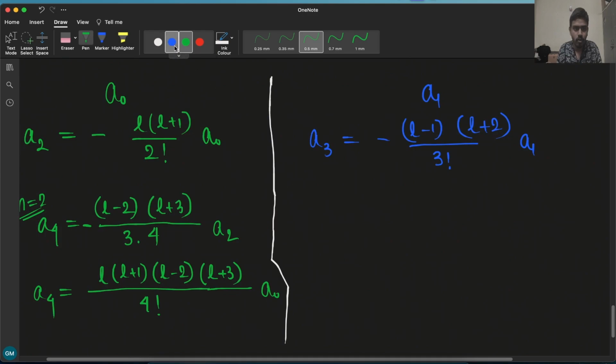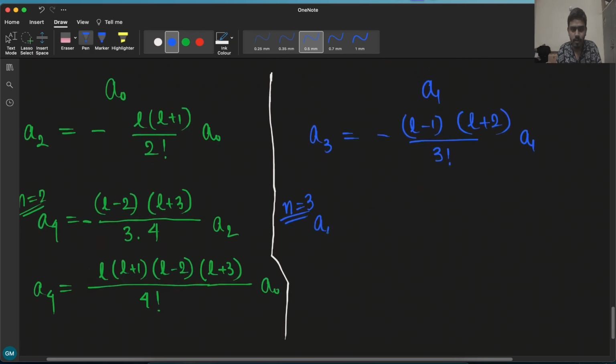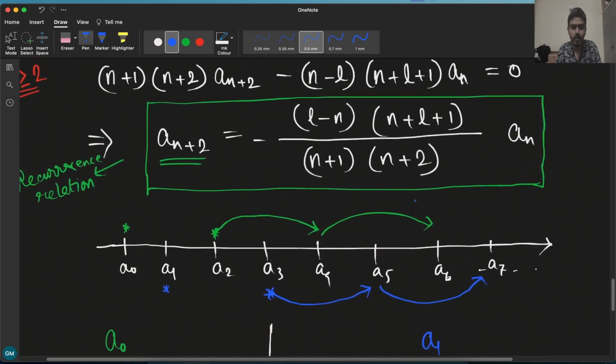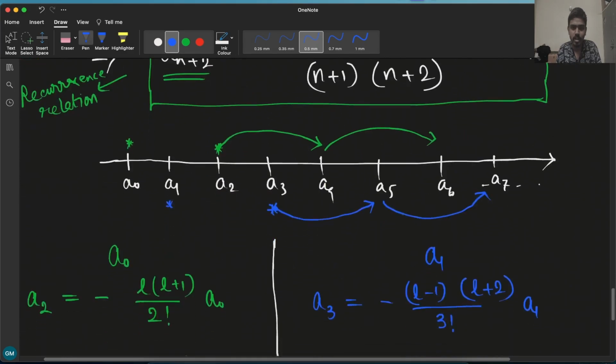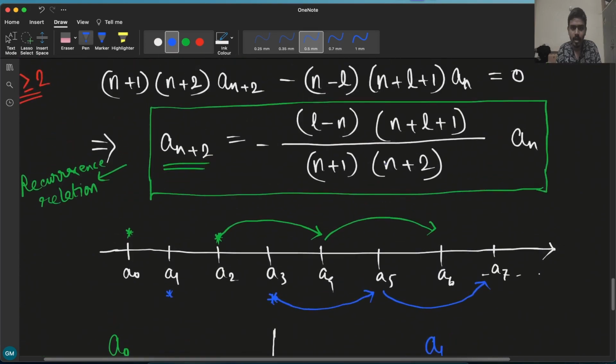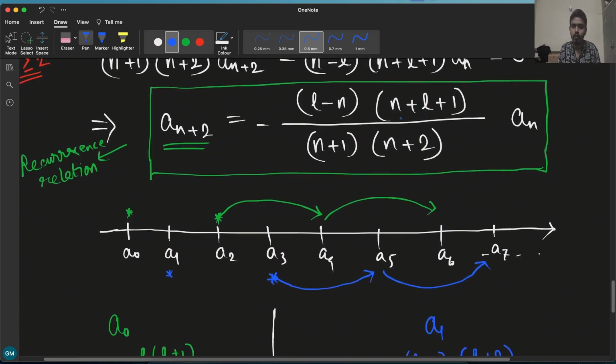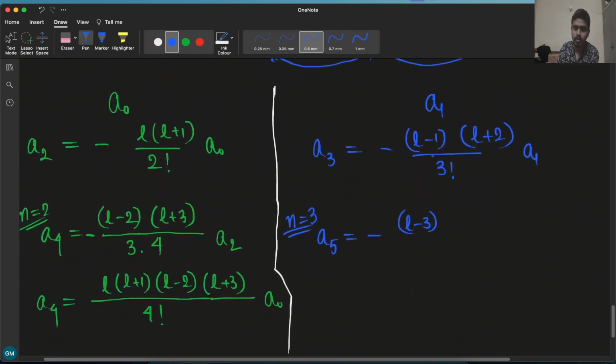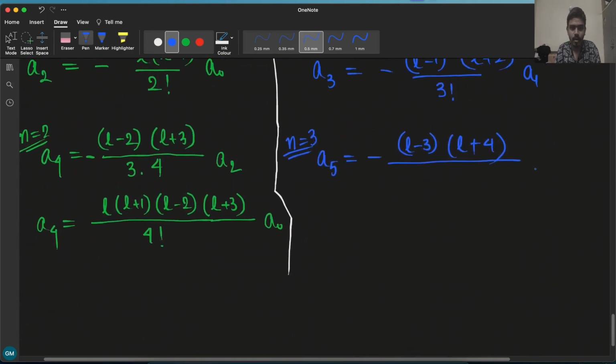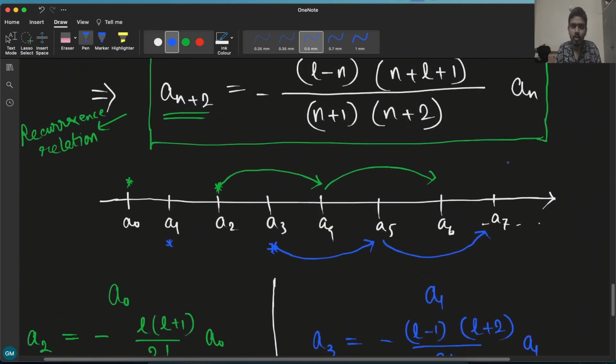If I put n equals to 3 in this recurrence relation, I will get a5 equals to, there is a minus sign here, so minus L minus 3 times L plus 4, because n equals to 3, times a3, and in the denominator it is 3 plus 1 times 3 plus 2, that is 4 times 5.